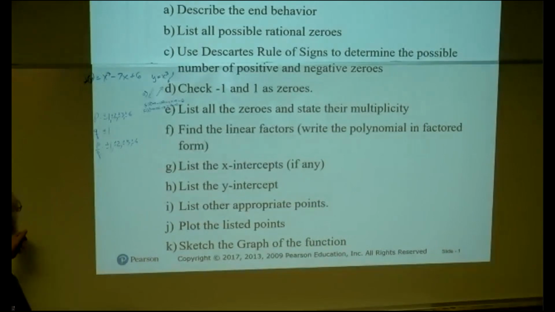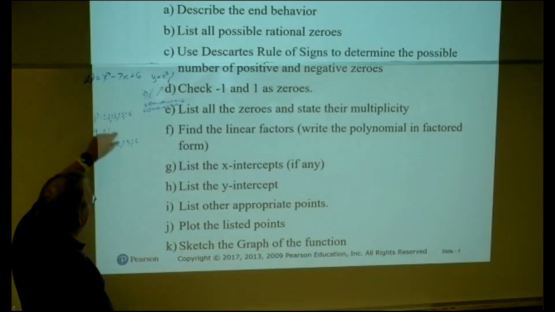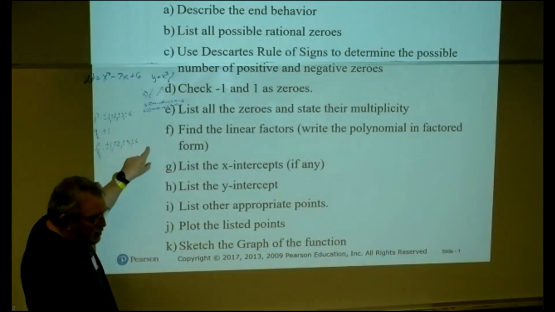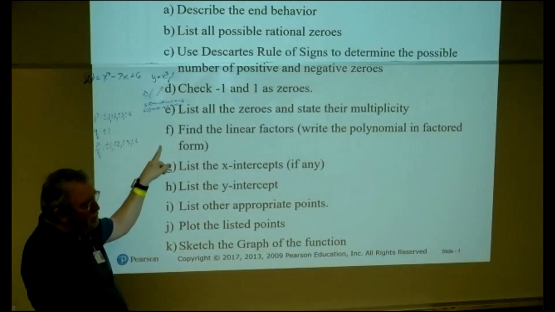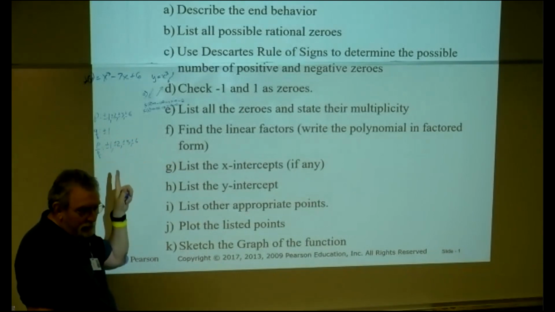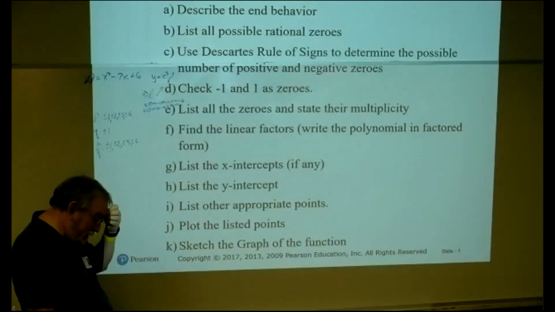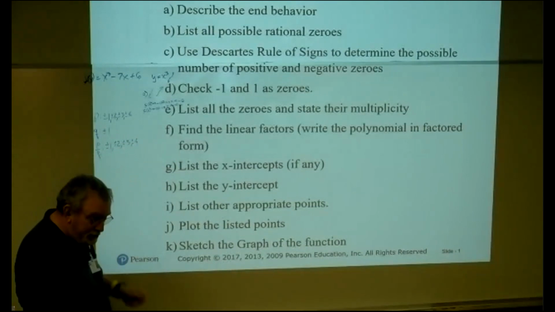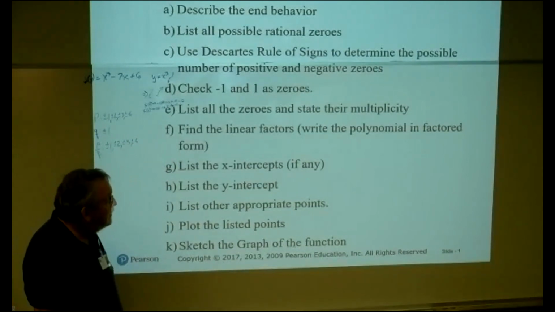So when doing this, you will get all the factors of the constant, and sometimes you'll get additional ones that will be fractions. And sometimes those fractions reduce to one of these numbers. So that's something to be aware of. Because when you're listing things, you're not listing how many times they show up, you're just listing what they are.